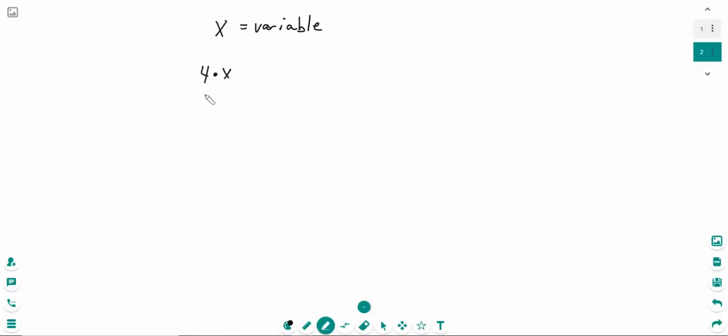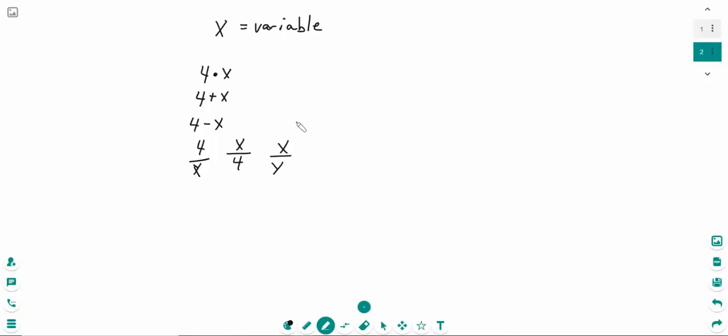We can multiply a variable, we can add a variable, we can subtract or have a negative variable, we can divide by a variable, or take a variable and divide it by a number. We can do any one of those things. We could take a variable and divide it by another variable. All right. We could do all of the operations that we can do with numbers, we can do with variables as well.